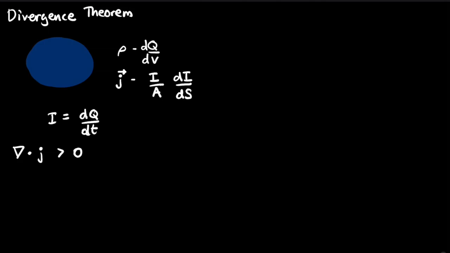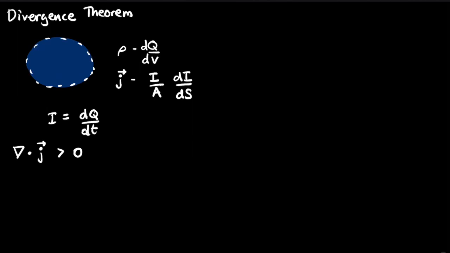There's more flux going out than there is coming in, so it's acting like a source. So if the divergence of J is greater than 0, then in this volume right here there is a net decrease of charge per unit volume.